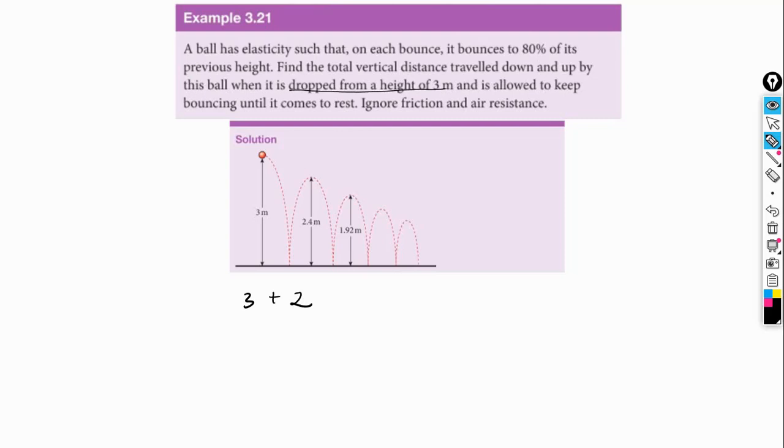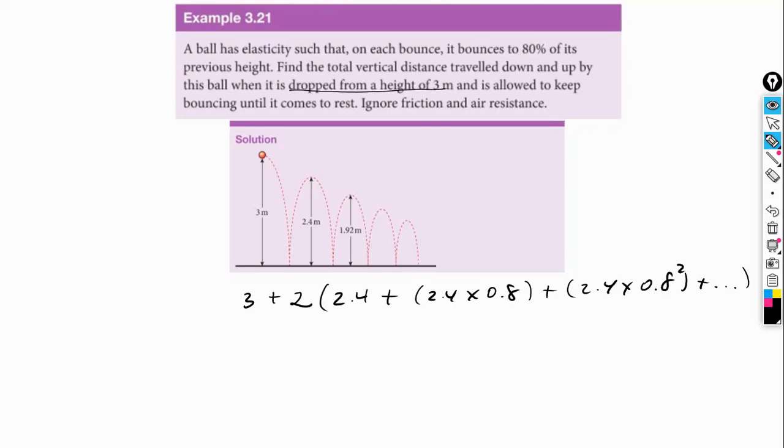So first it would bounce 2.4 meters, but then after that, 80% of that, right? So that means 2.4 times 0.8. But it's going to be bouncing 80% of that. So that means it's going to be plus 2.4 times 0.8 squared, and so forth.